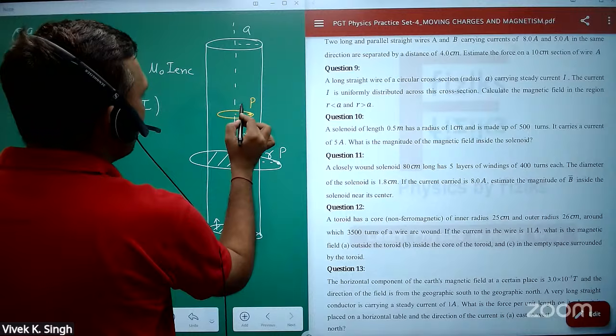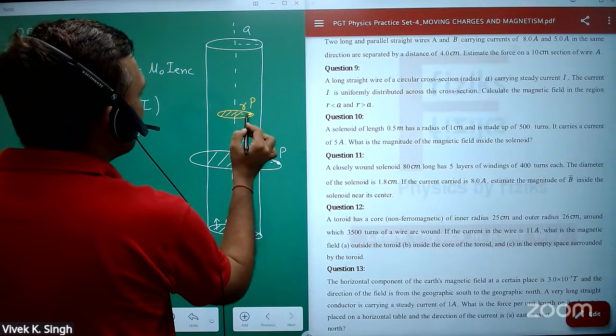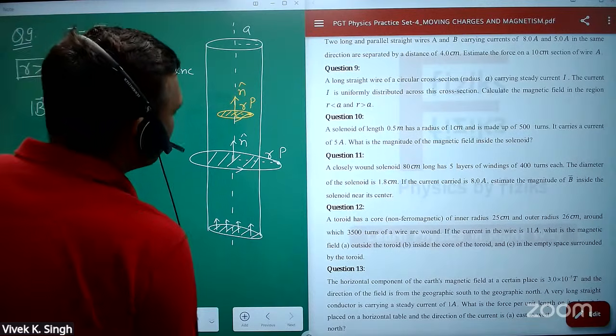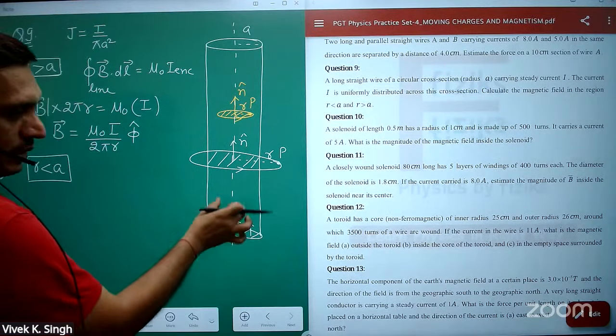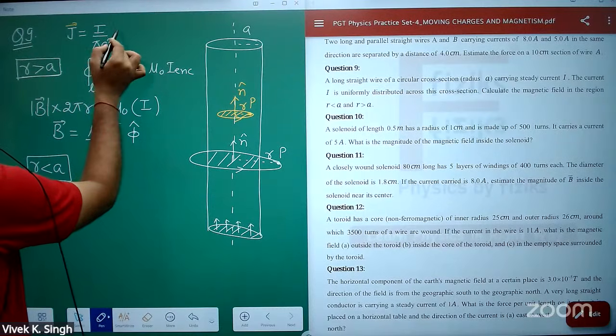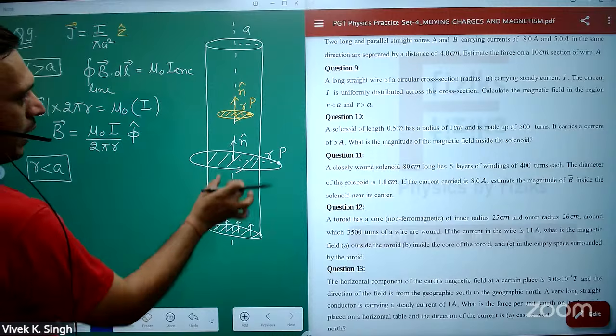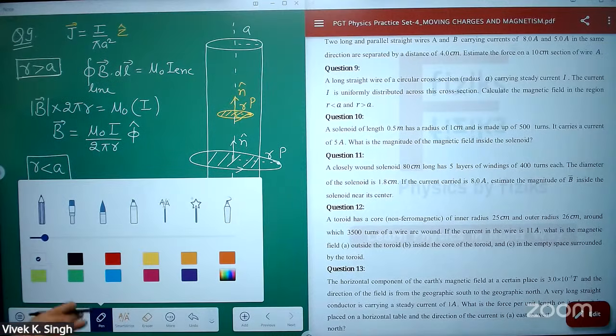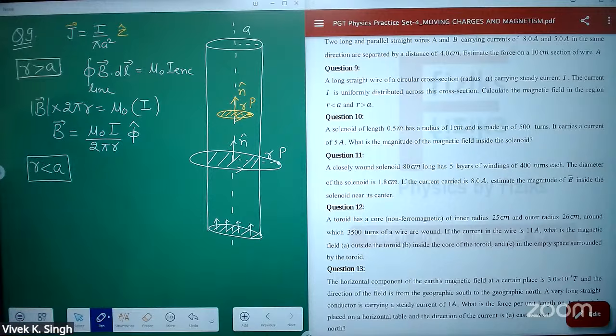This radius is small r. So current density J in this direction will be what? Z cap. So an area element, they are in the same direction. So in this case, left hand side is mod B into 2 pi r.